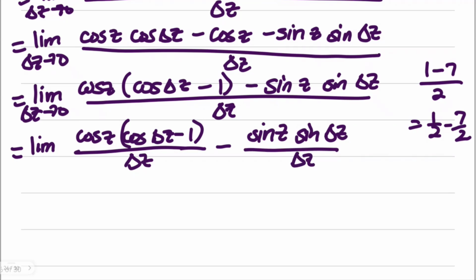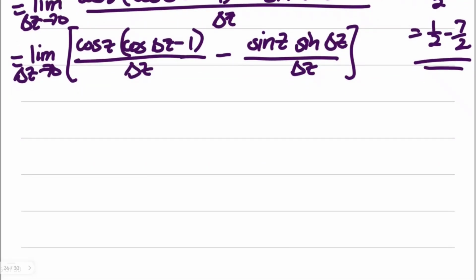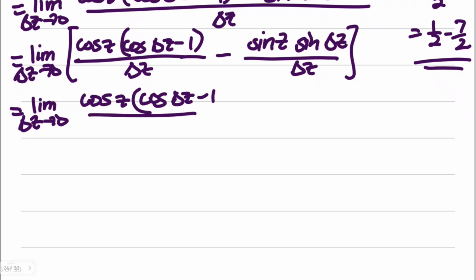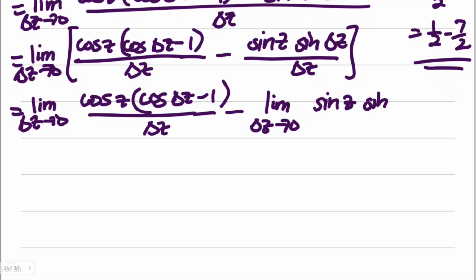over delta z. Okay, this is now equivalent to the first one using this idea here as delta z approaches 0. If we distribute the limit notation, we can do so for the first term: cosine of z, and you have here cosine of delta z minus 1 all over delta z, minus the limit as delta z approaches 0 for sine z sine delta z all over delta z.